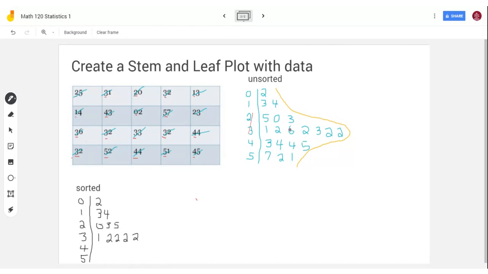And then we've got a 3 and a 6. And then here you've got 3, 4, 3, 4, 4, 5. That one's already sorted. And then the bottom one would just flip around. There we go. So that one is sorted.